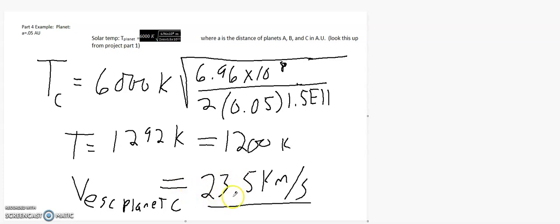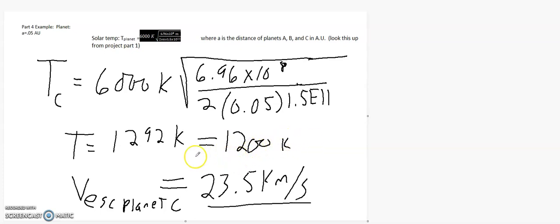The escape velocity in kilometers per second of planet C, the one I looked up where the distance between the planet and the star is 0.05, the correct calculation turns out to be 23.5 kilometers per second. So these two pieces of information are what we need to complete this project, which of course was very similar to Lab 10.